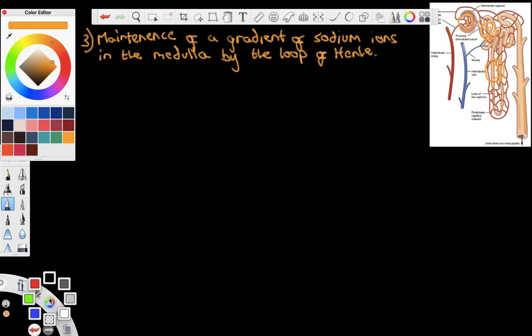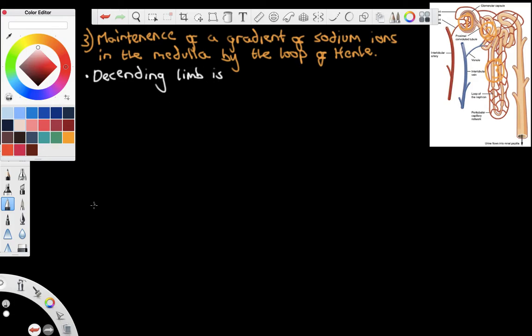So we can say that the descending limb is highly permeable to water, and the ascending limb does not allow water to pass, so it is impermeable to water.